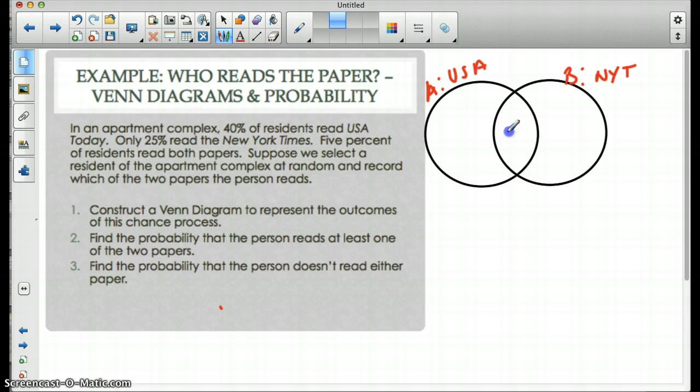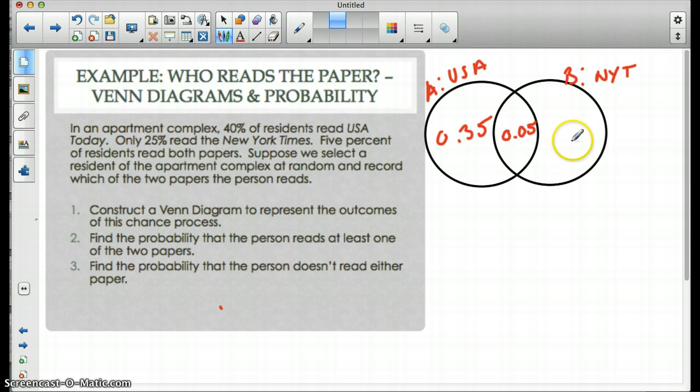The overlap was 5%, so I'm going to show that with a 0.05. Then 40% of the residents read USA Today. Well, 5% of those are accounted for, so we'd have to do 40% minus those 5%, so 0.35 here.